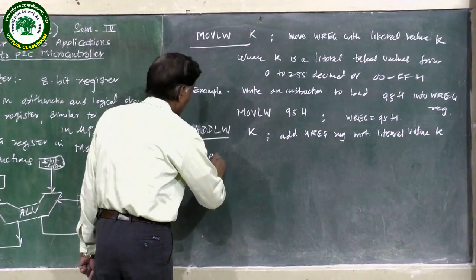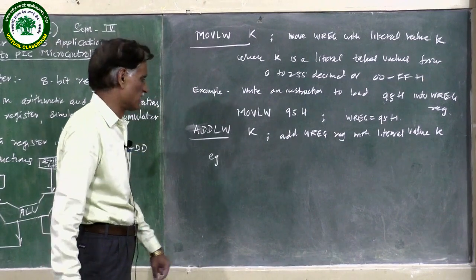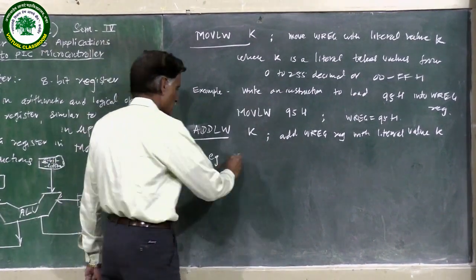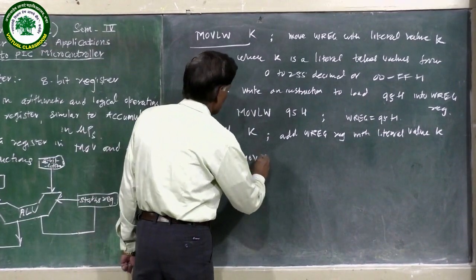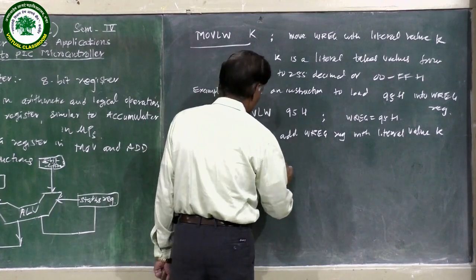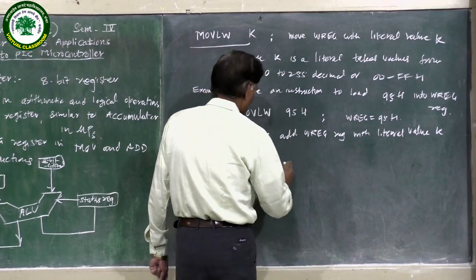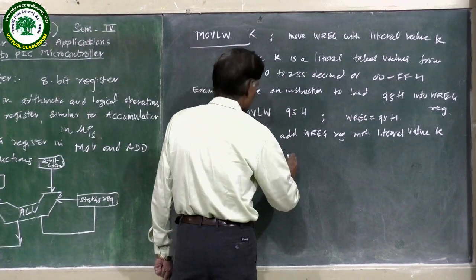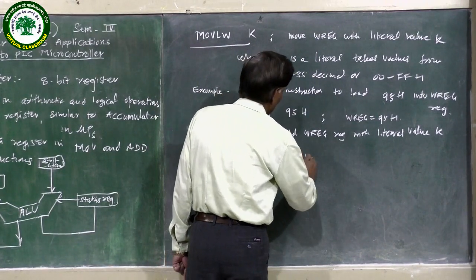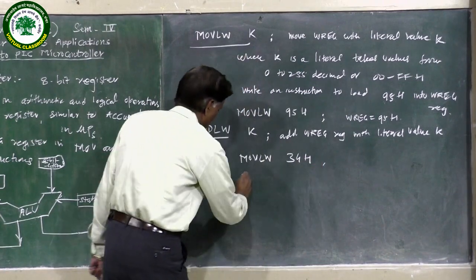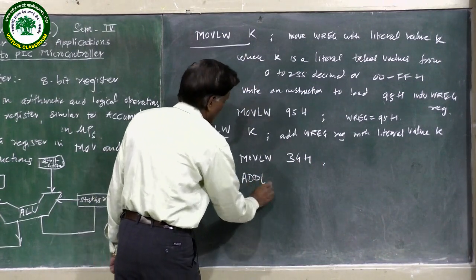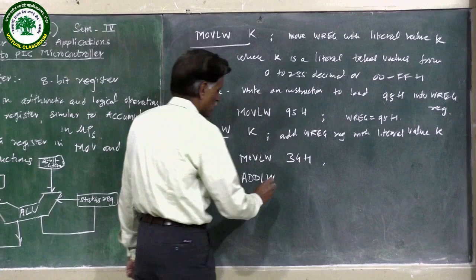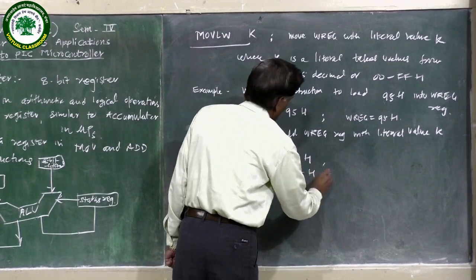Concerning that, I will take into account one example. For example, here we say MOVLW, load WREG register with a value, for example, 34H. And after that we say ADDLW with 25H.